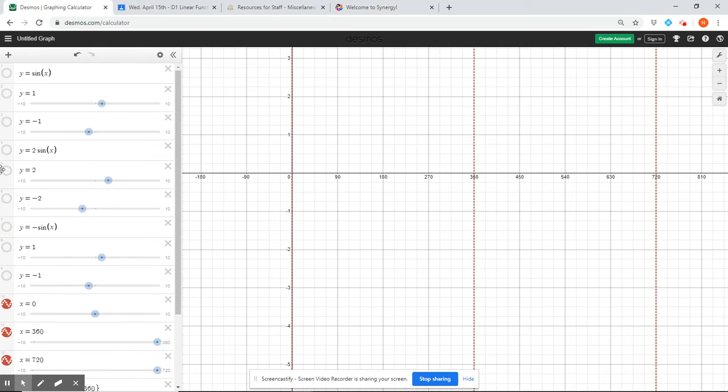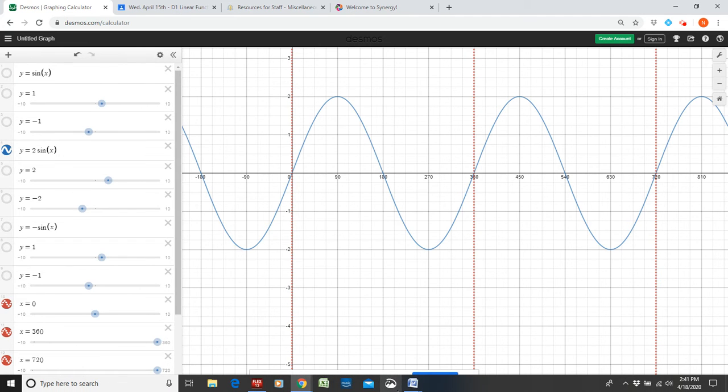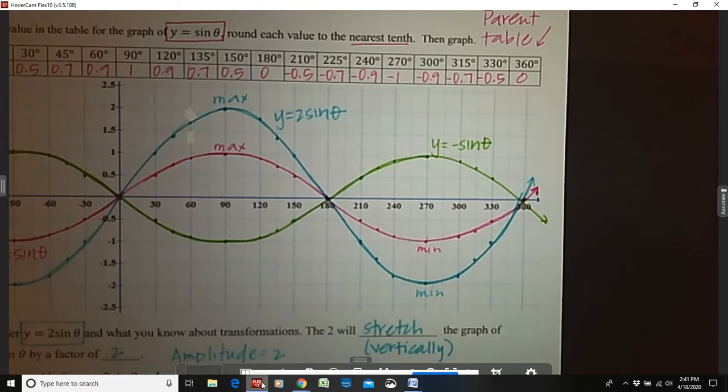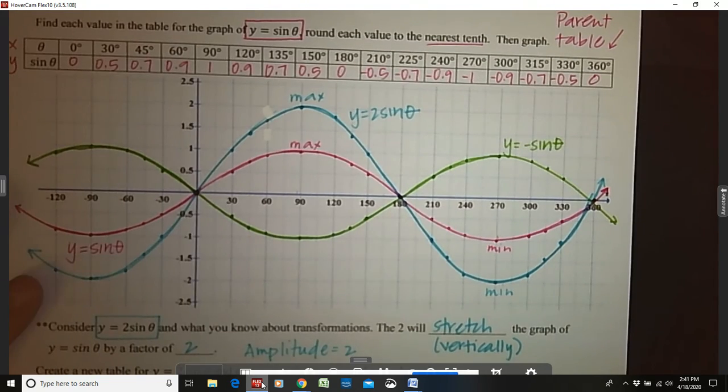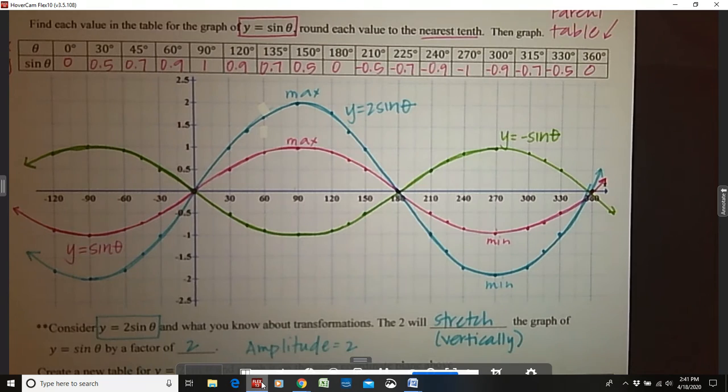Or if I look at 2 sine theta, no matter how tall or how much I stretch it vertically, it still goes through one full cycle from 0 to 360, and then again 360 to 720, and so on. So even though we're changing the height of these graphs, we're not changing anything horizontally. These all today will have a period of 360 degrees.